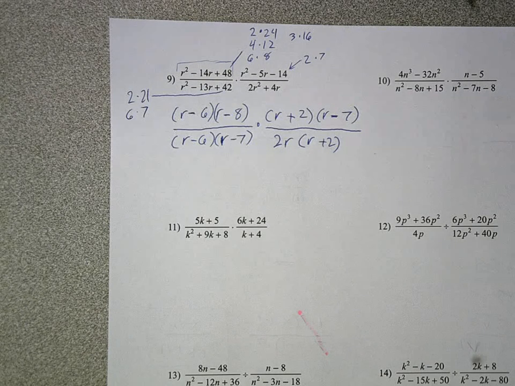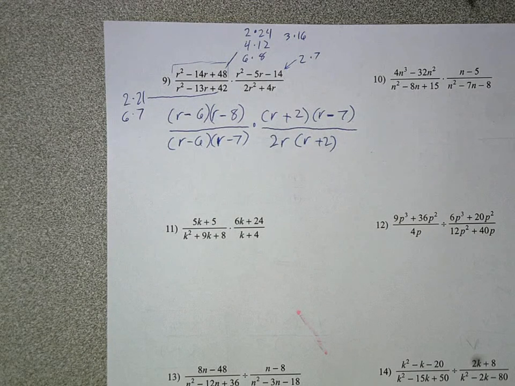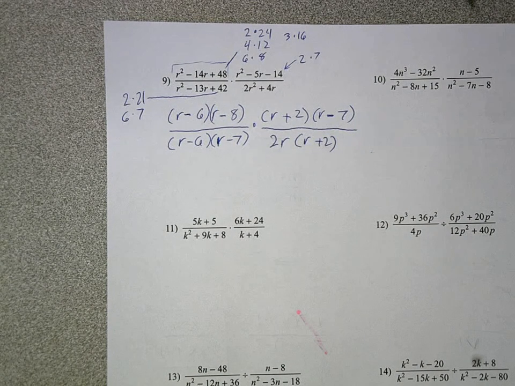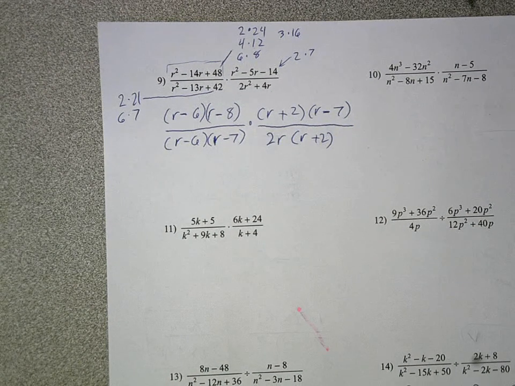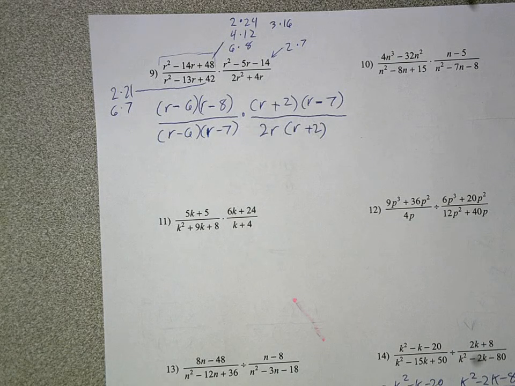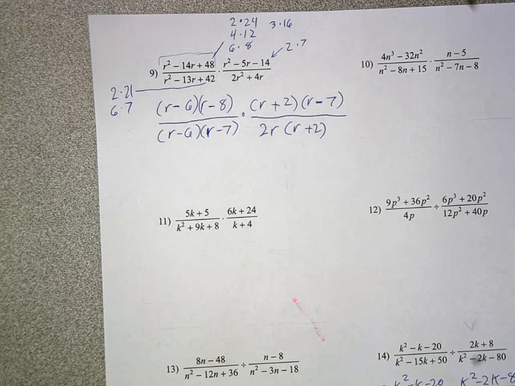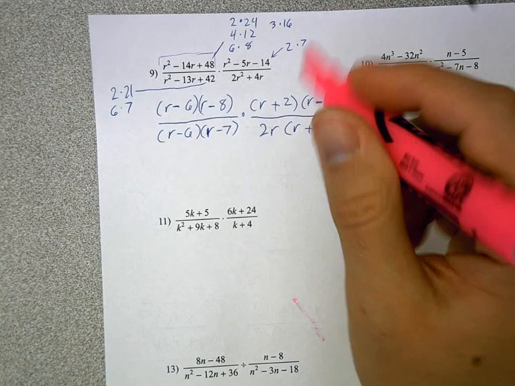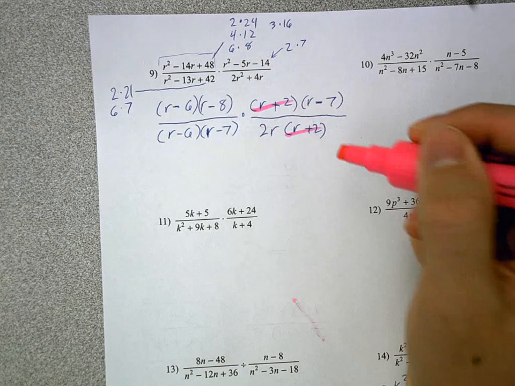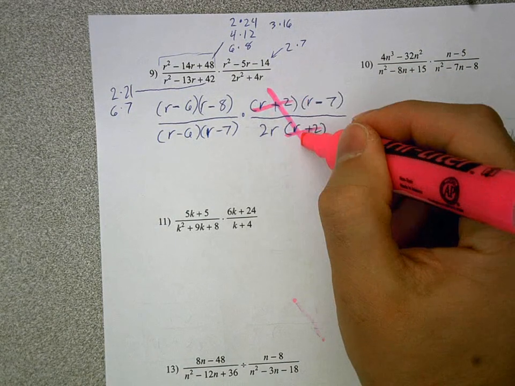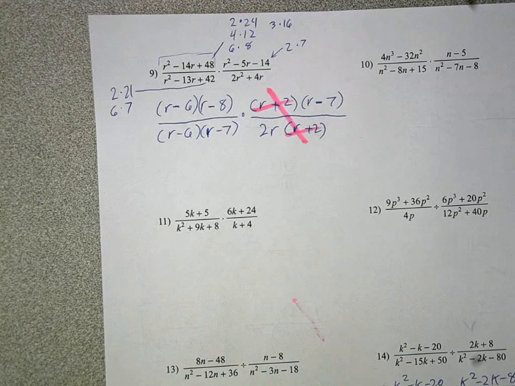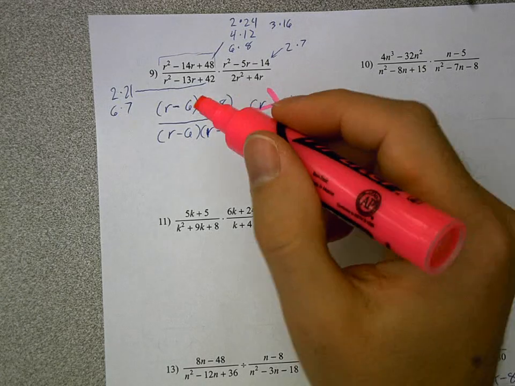All right, so let's look for those pairs to simplify. Haley, do you see anything on the top and the bottom? r plus 2. There's one here and one here. So that whole thing would be 1. Brandon, do you see another set that's on the top and the bottom? r minus 7.